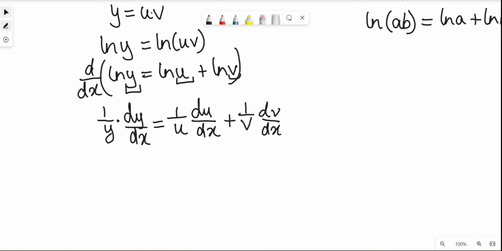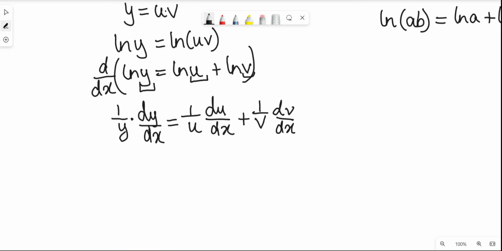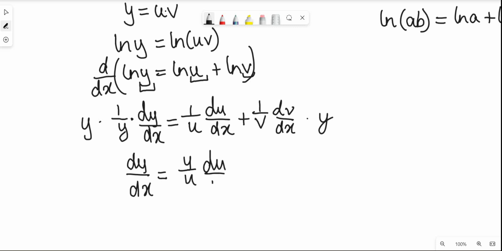Now we have a very good form because all we need is dy by dx on its own. So let's bring the y over to the other side. We multiply y over here and multiply y over here. We get dy by dx equals y over u du by dx plus y over v dv by dx.